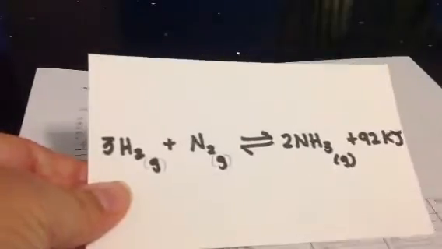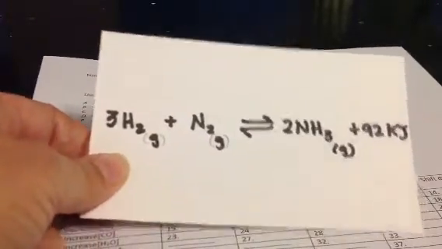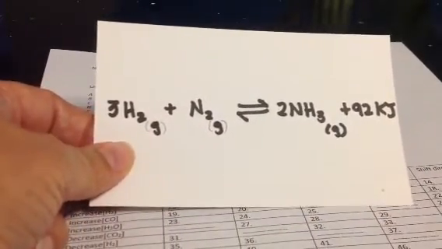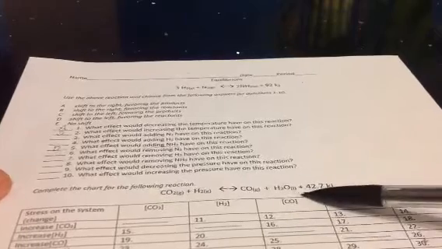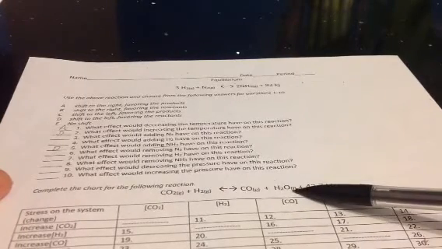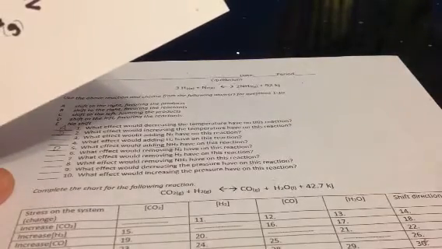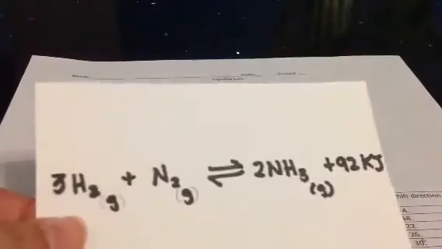So all the gases will be included when you're tallying up the number of moles at play here. If you had, like this equation down here, stuff that was liquid, or stuff that was solid, solids and pure liquids don't get included in your calculations. But these are all gases.